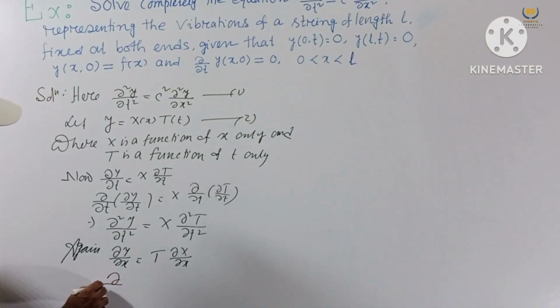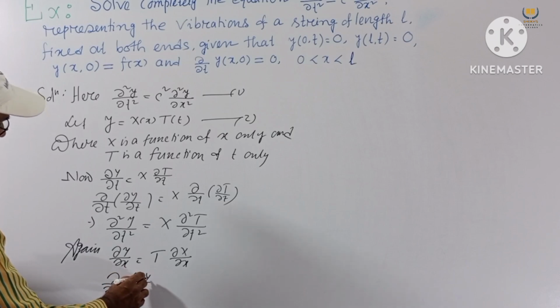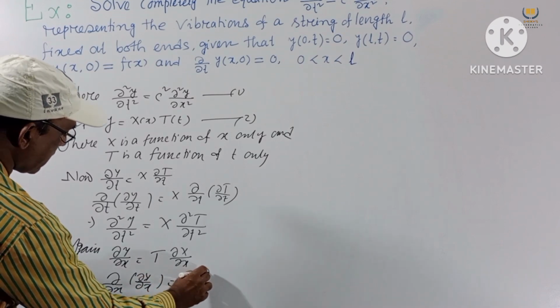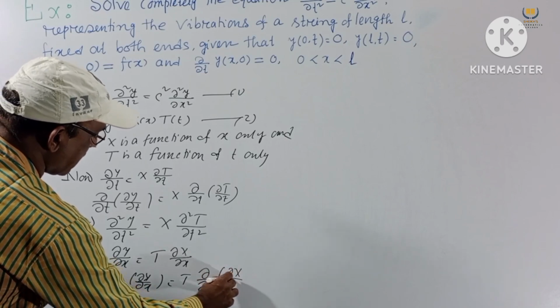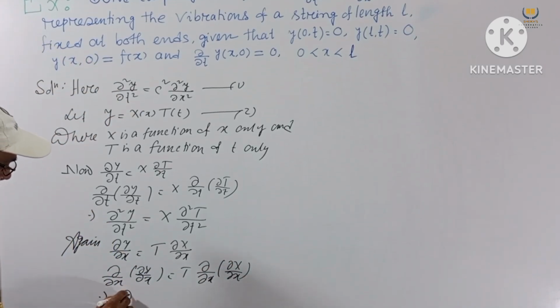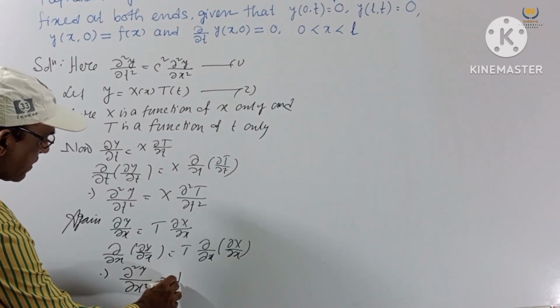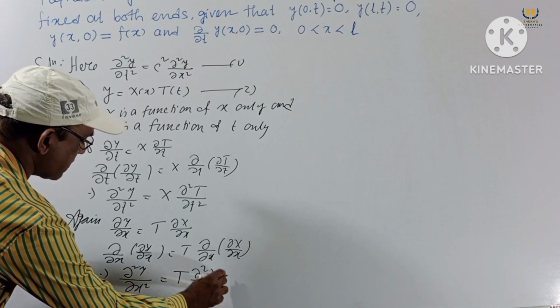Again differentiating with respect to x on both sides, T is constant, and this implies ∂²y/∂x² = T ∂²X/∂x².